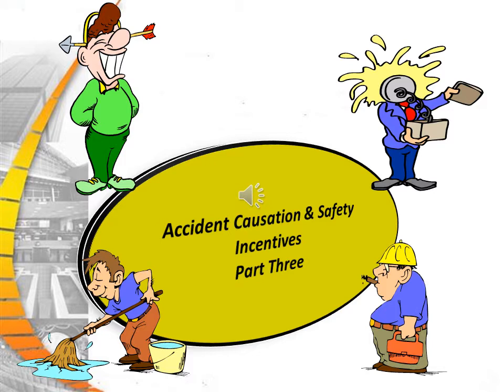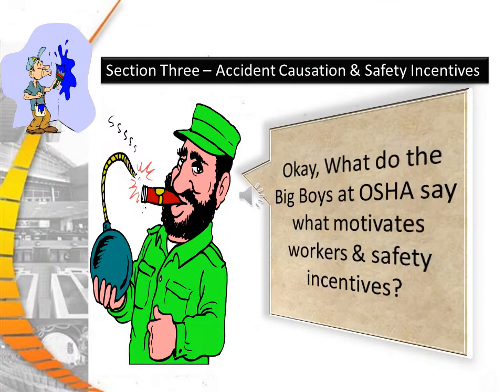Part 3, Accident Causation and Safety Incentives. Okay, let's look at what OSHA says about what motivates workers and safety incentives.